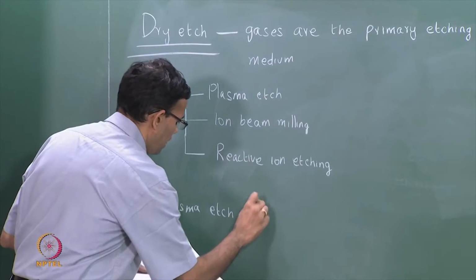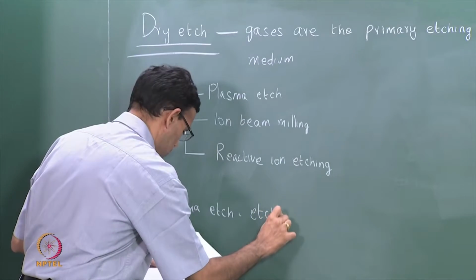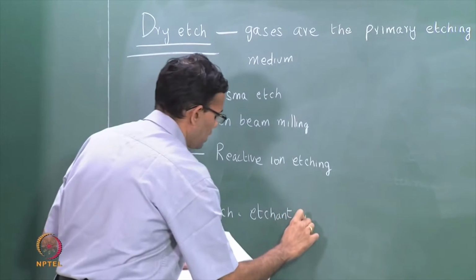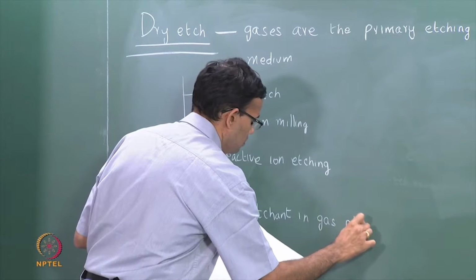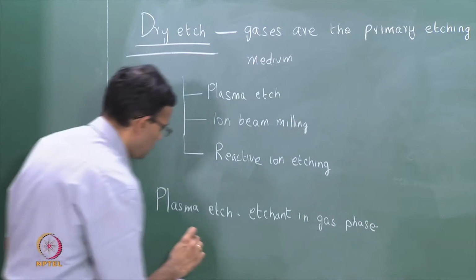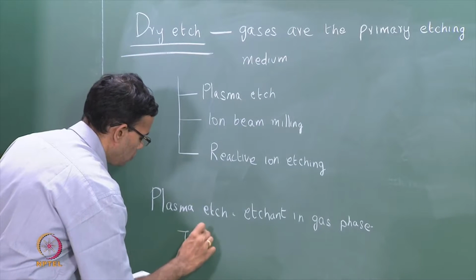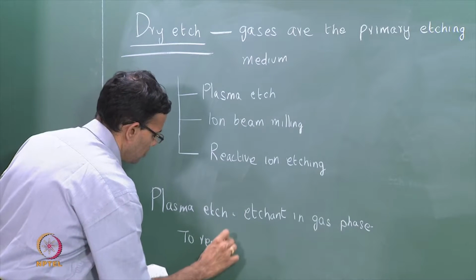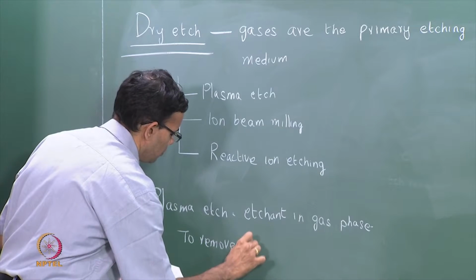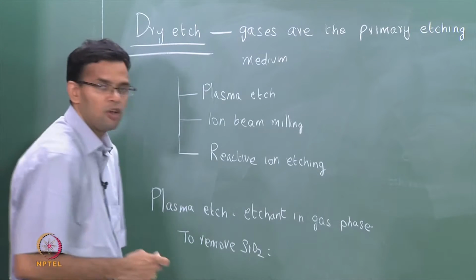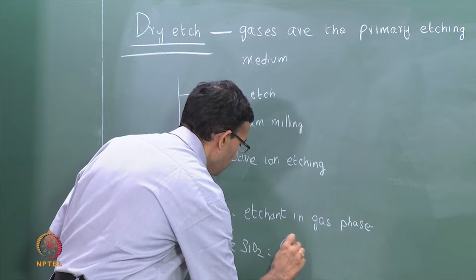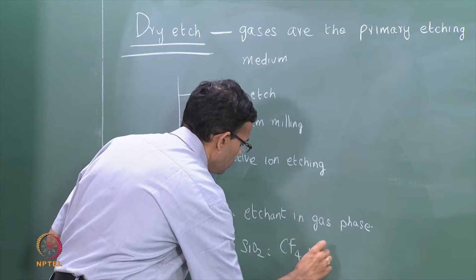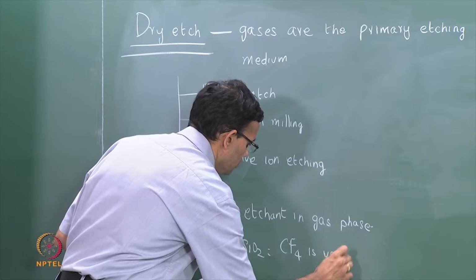So again you have the etchant in gas phase. For example, to remove SiO2, some sort of a fluoride gas has to be used. So usually CF4 is used.